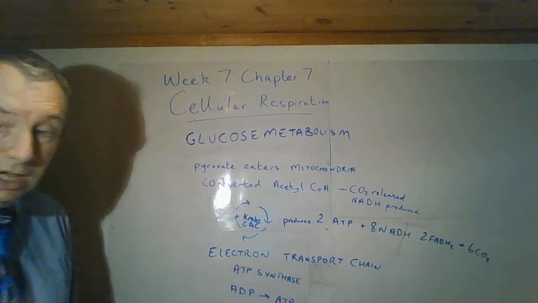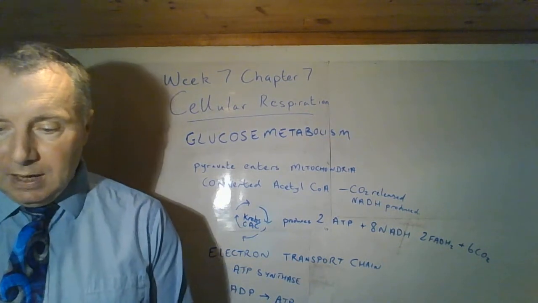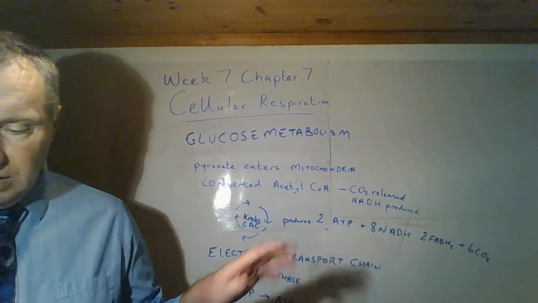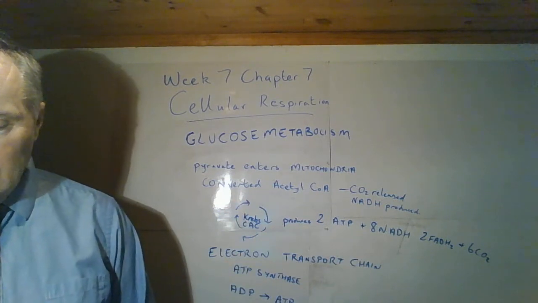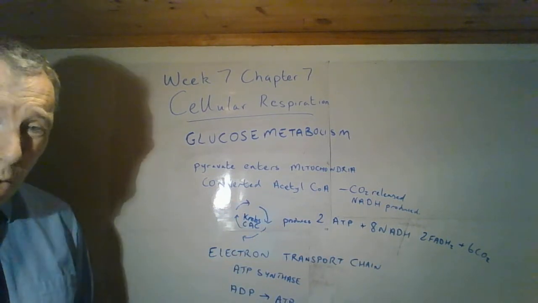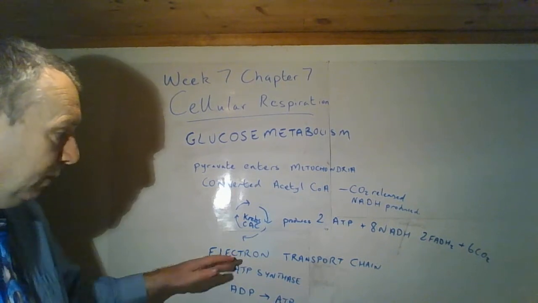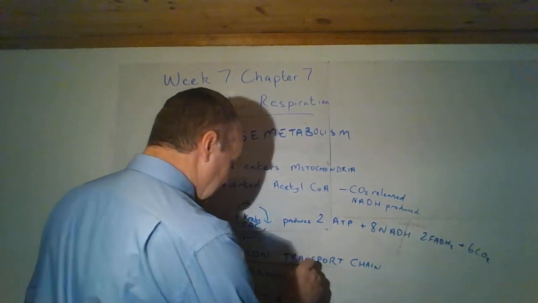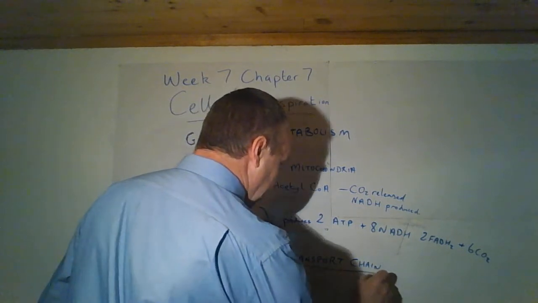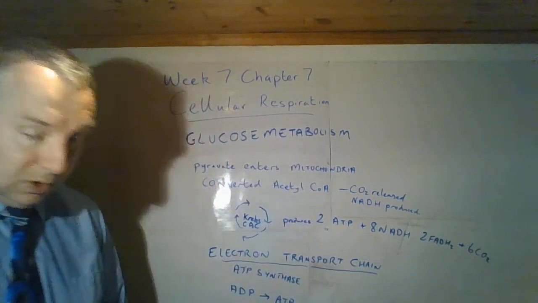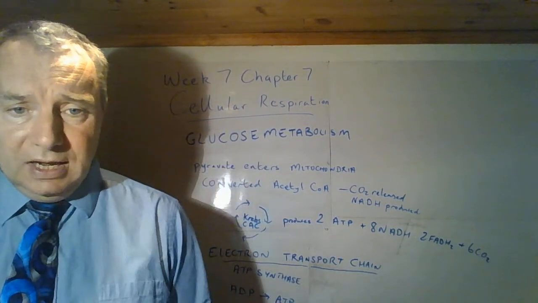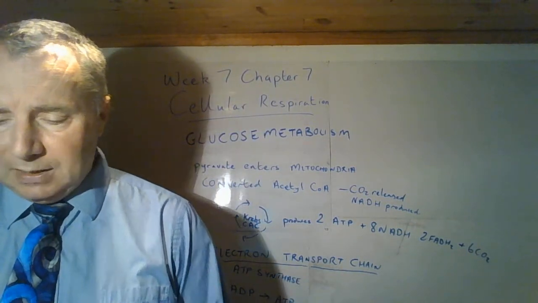So we're getting a lot of ATP out of this cycle, and we're going to talk about the totals of ATP later, but we basically get nearly all of the ATP produced within the electron transport chain. It is 32 to 34 of the total of 36 to 38 that are produced in the electron transport chain.